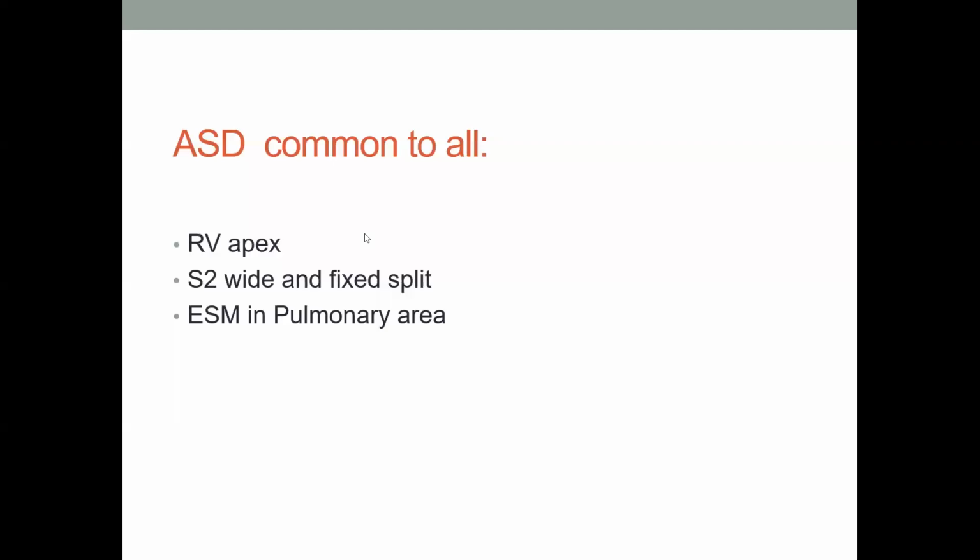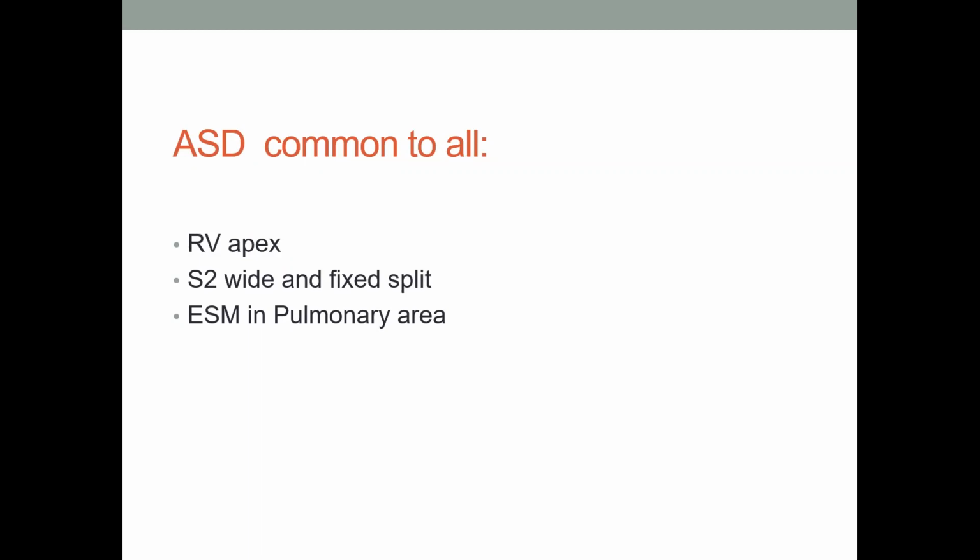LV apex is most of the time localized, and it goes to the left side. There will be retraction medial to apex, and the apex retracts laterally. Whereas RV apex is a diffuse retraction. The whole apex retracts medially. Lateral to apex, you have retraction. Okay. So this is the LV and RV apex.